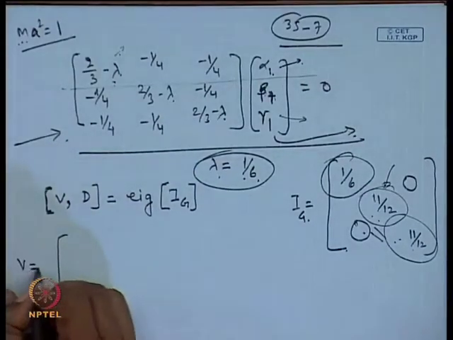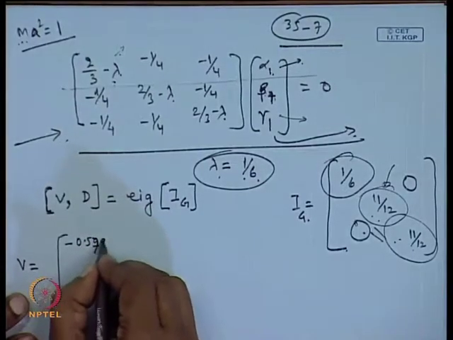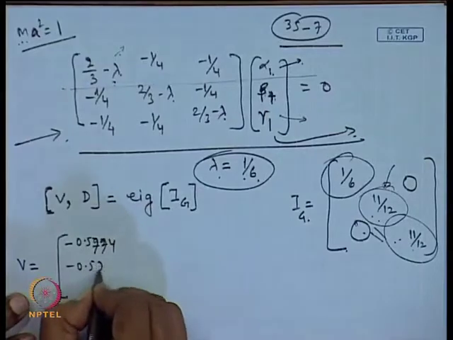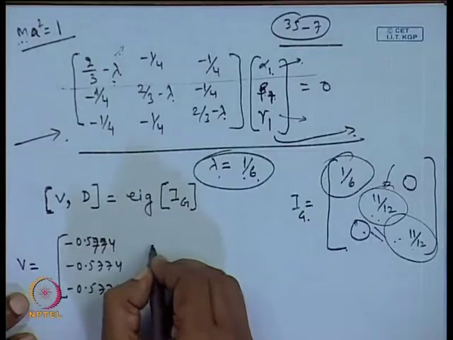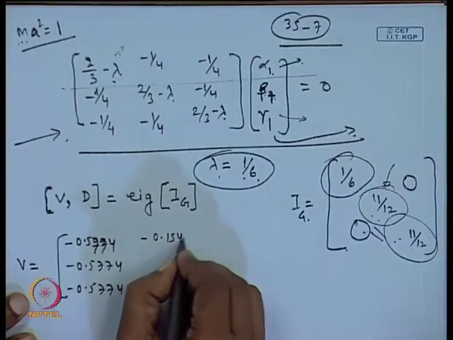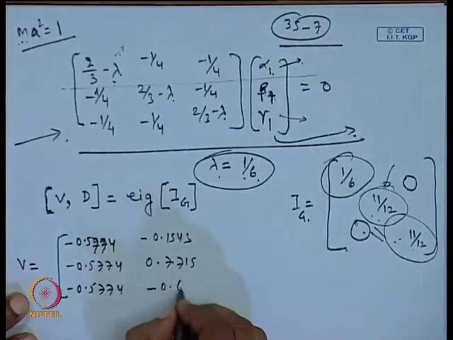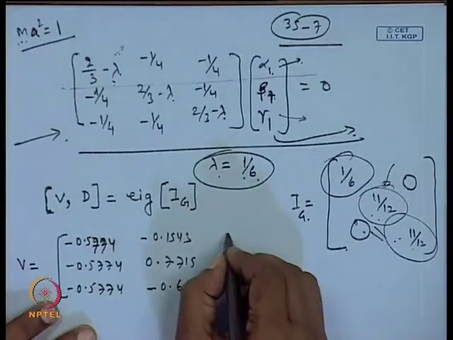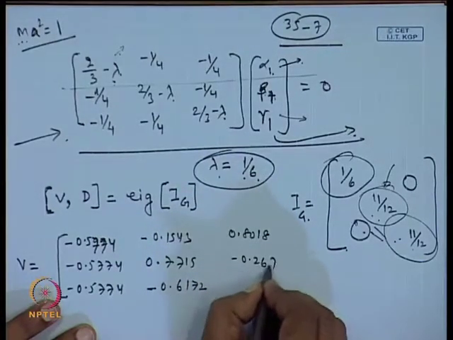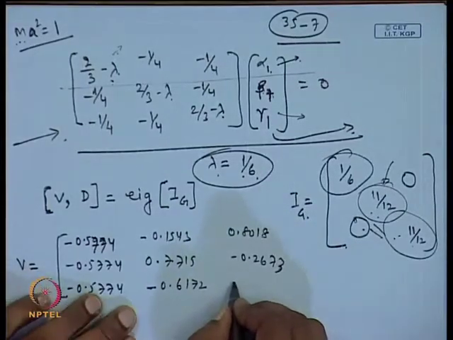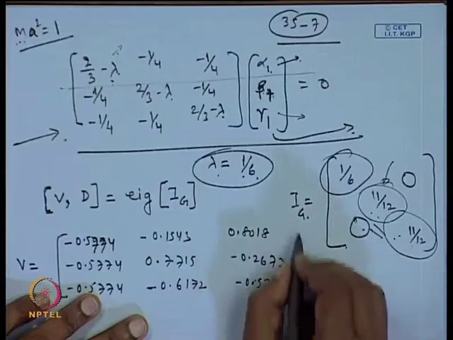the V matrix as minus 0.5999774 and this is minus 0.15, minus 0.6172, 0.5345.